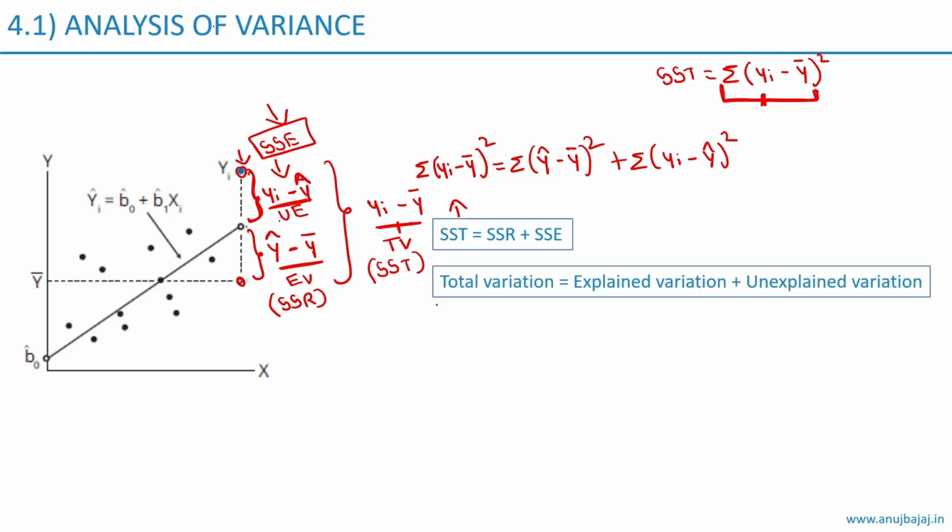So total variation equals the explained variation plus the unexplained variation. An ideal model is the one which has the lowest possible unexplained variation.